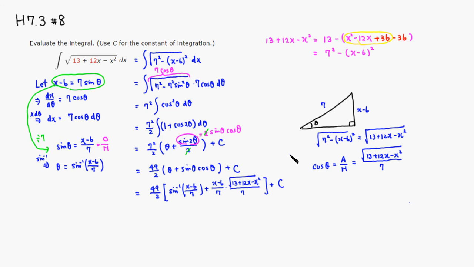So we can distribute this 49 over 2 to the first term and the second term. We have 49 over 2 arc sine of x minus 6 over 7. And 49 and 7 times 7 cancel out. So you're going to have plus 1/2 times x minus 6 times the square root of 13 plus 12x minus x squared plus some constant c.